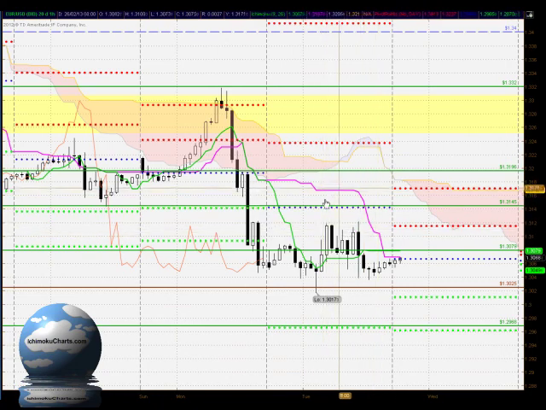The flat Kijun-sen saw price action attracted back towards there, but then the sellers came back into the market, closing the market down below the Tenkan-sen, giving us a bearish market in all three timeframes, and finally closing the trading session with a bearish market in all three timeframes, but very close to that Kijun-sen, as I've mentioned.